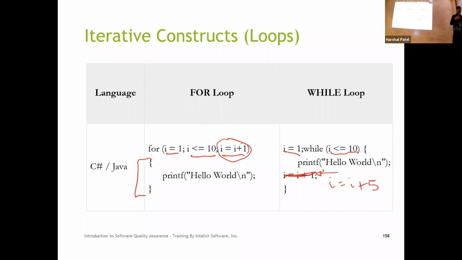When it executes the 10th time, at that point I will become 10. And then the 11th time, it says, hey, this condition no longer holds, so it's going to drop out and we can stop the execution. Okay. All right. Any questions on this?